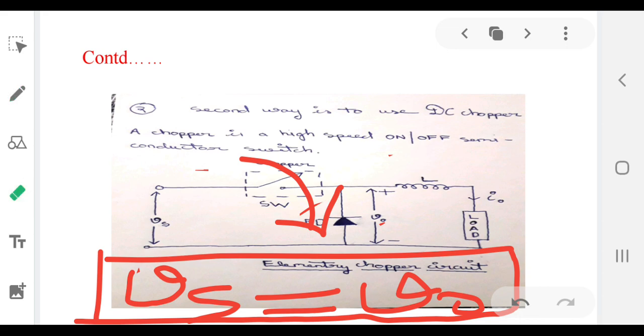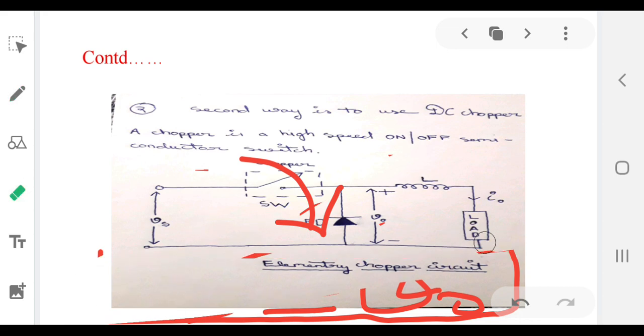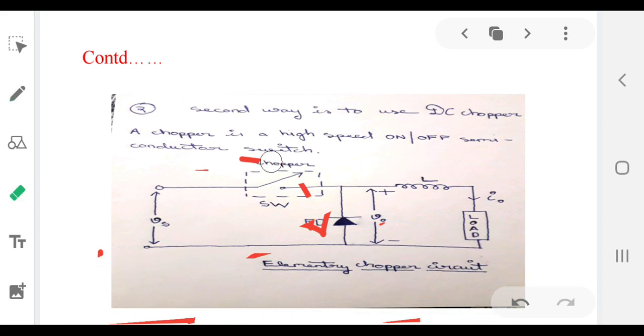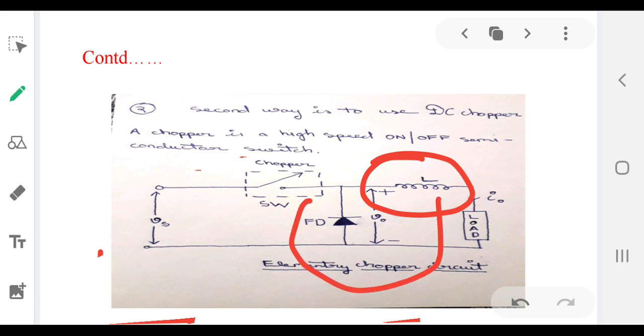When the switch is turned off, there will be no current flowing from the input side, although the current will be carried through this inductor L. As earlier, when the switch was turned on, it got charged, and now it will release its energy through this freewheeling diode path.